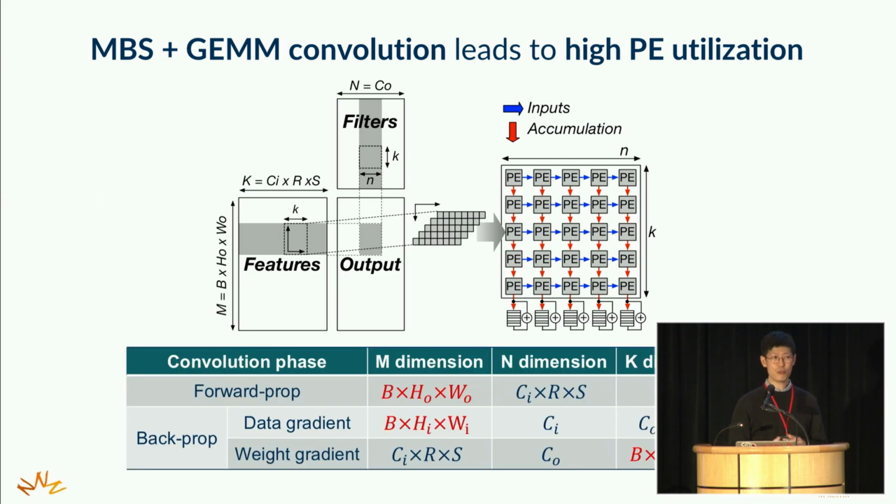But using MBS along with GEMM convolution is a pretty good match, because as the table shows, for all GEMM M, N, K dimensions in forward propagation and the 2 convolution phases in backward propagation, the red text, which shows the dimension using the sub-batch size, is effectively multiplied by the large feature maps of the early layers. So they create a large number of systolic array waves, maintaining high processing unit utilization.